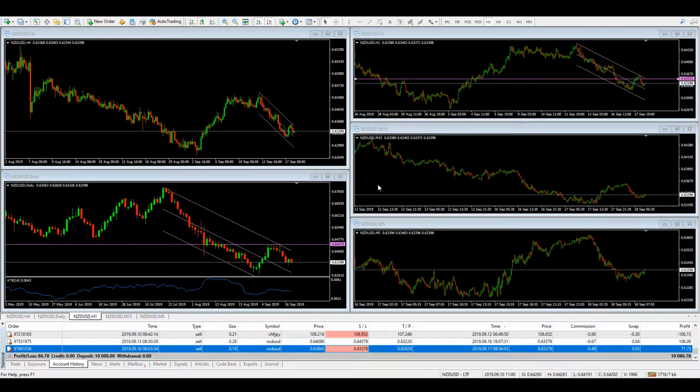So if we look at the price I got out at, which was 0.63376. Okay. So my exit was at this level. It came down here.